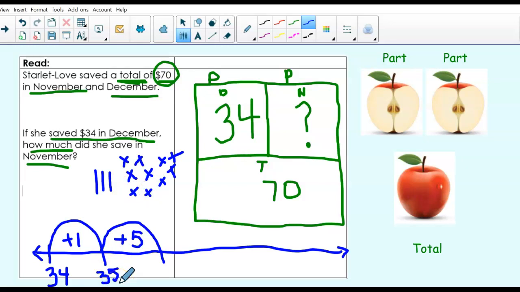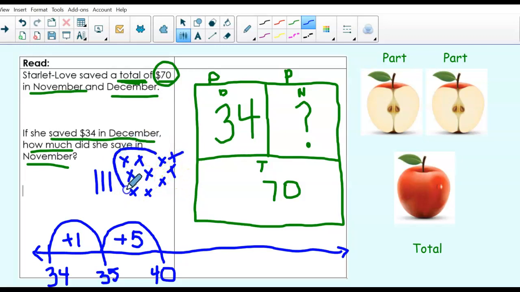I like to count by 5s. So let's see. 5, 10, 15, 20, 25, 30, 35. What's 5 more than 35? 40. That's right. And if we look at our base 10 drawing, we see 1, 2, 3, 4, 5, 6, 7, 8, 9, 10 X's.